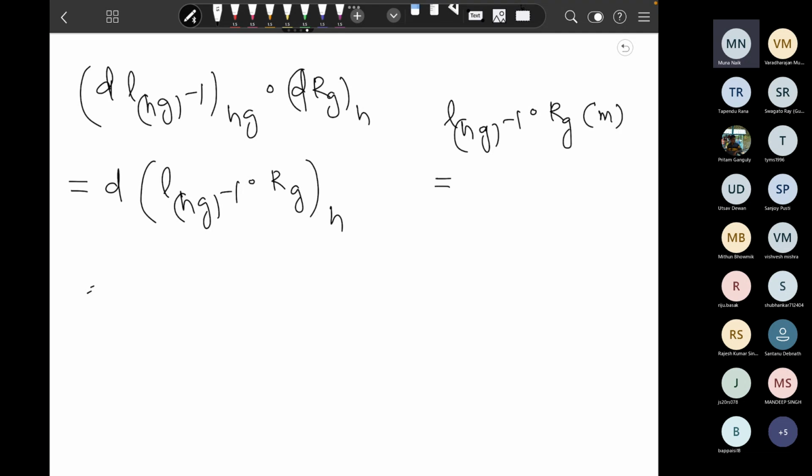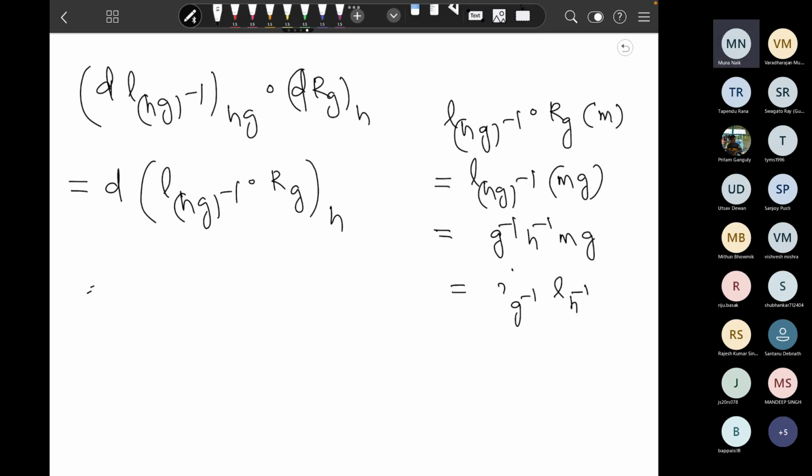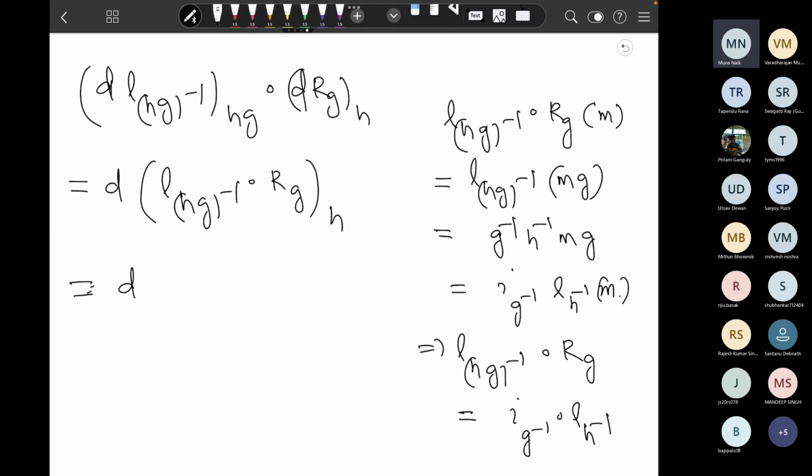You calculate this. This is L_{(HG)^{-1}} of MG, which is G^{-1} H^{-1} M G. So this is the same as I_{G^{-1}} of L_{H^{-1}} M. Therefore L_{(HG)^{-1}} composed with R_G is the same as I_{G^{-1}} composed with L_{H^{-1}}.